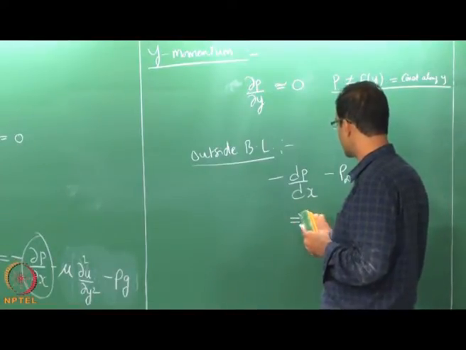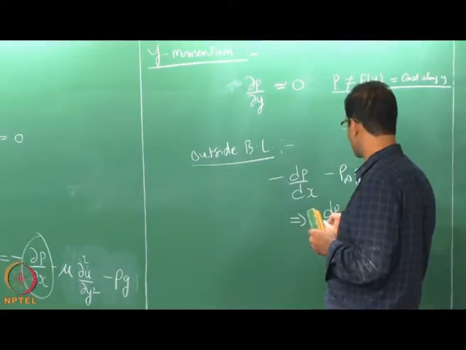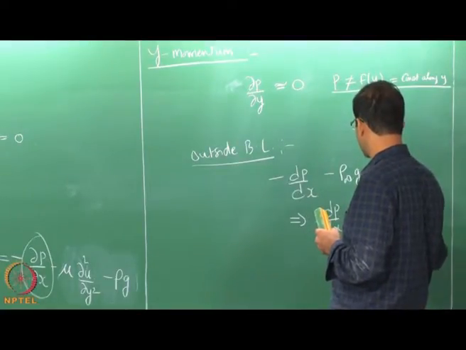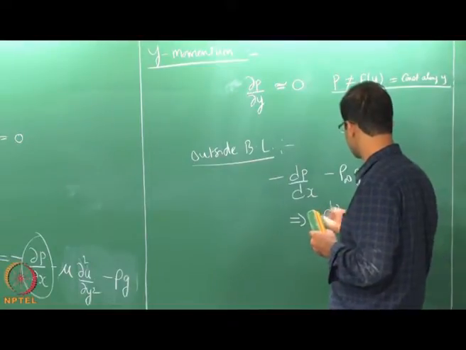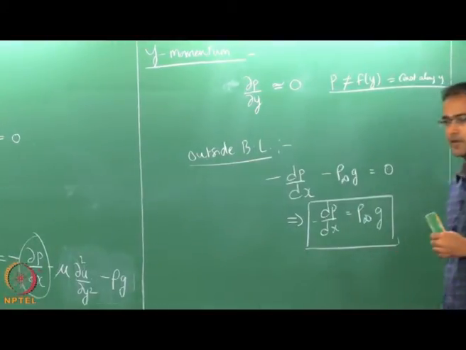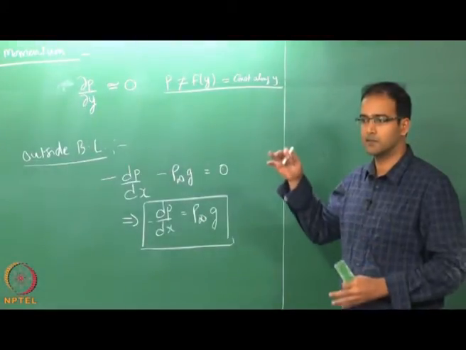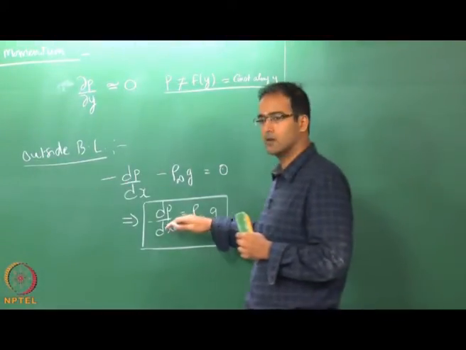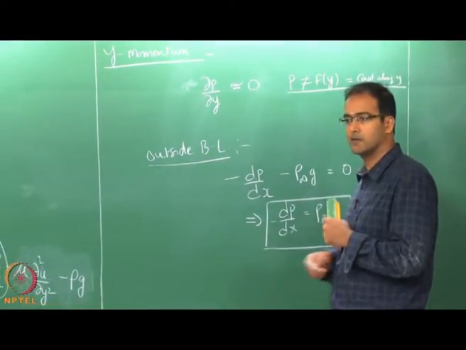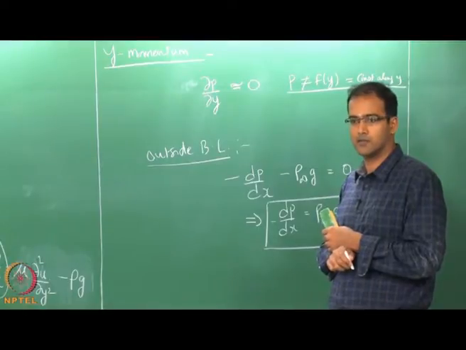So, this gives that minus dP by dx is equal to rho infinity times g. Therefore, I can find my pressure gradient along the plate by applying the equation outside the boundary layer, and I determine that this is nothing but the gravitational acceleration outside.